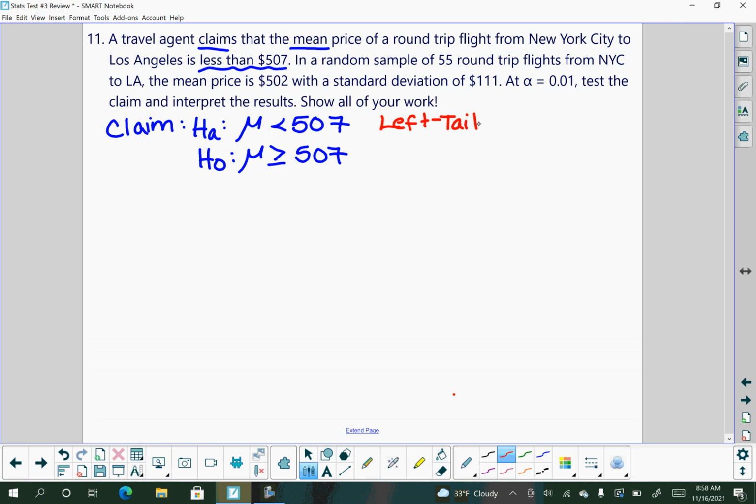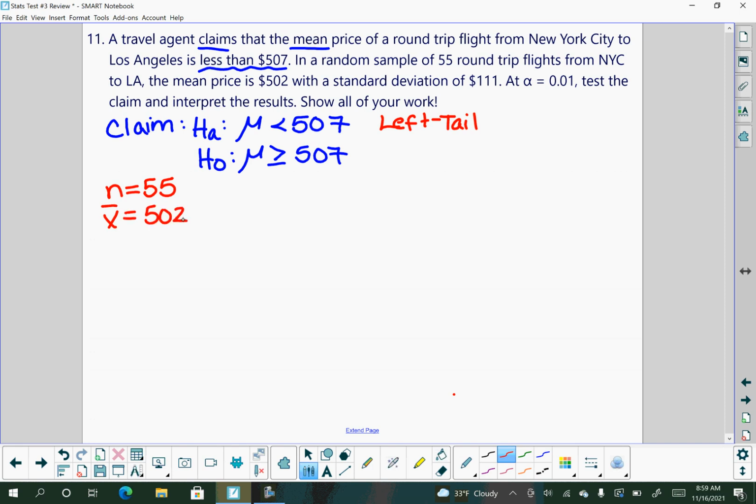Other information that we know, the random sample size was 55. And remember, I didn't mention this in the last problem, but we always want to check as we're doing this that our sample size is either bigger than 30 or normally distributed. We have a sample size larger than 30. We've got a mean price of our sample, so our X bar is 502.